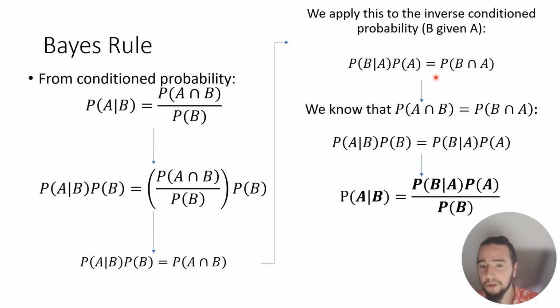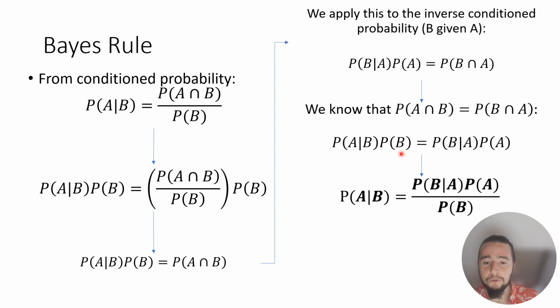Now we know that the probability of A and B is the probability of B and A, because switching the places in an intersection does not have any impact, because it's basically a product. Okay, so now we can substitute and get probability of A given B multiplying probability of B is equal, because it's the probability of A and B, to the probability of B given A multiplying the probability of A, because it's the probability of B and A happening at the same time.